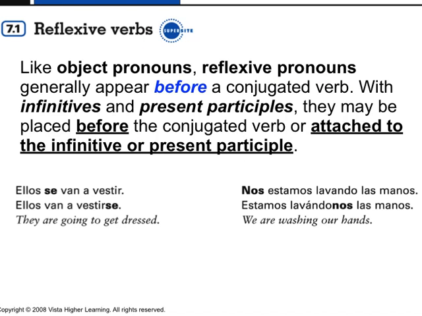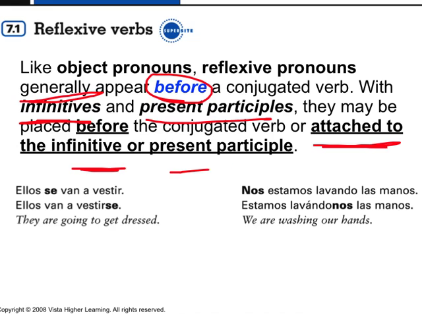So now, where are the reflexive pronouns placed in a sentence? Well, generally, that's the key word, before the conjugated verb. Most of the time it's going to be before the conjugated verb. However, you need to remember when you have infinitives or present participles, you have a choice. They may either be placed before the conjugated verb or attached to the infinitive or the present participle.